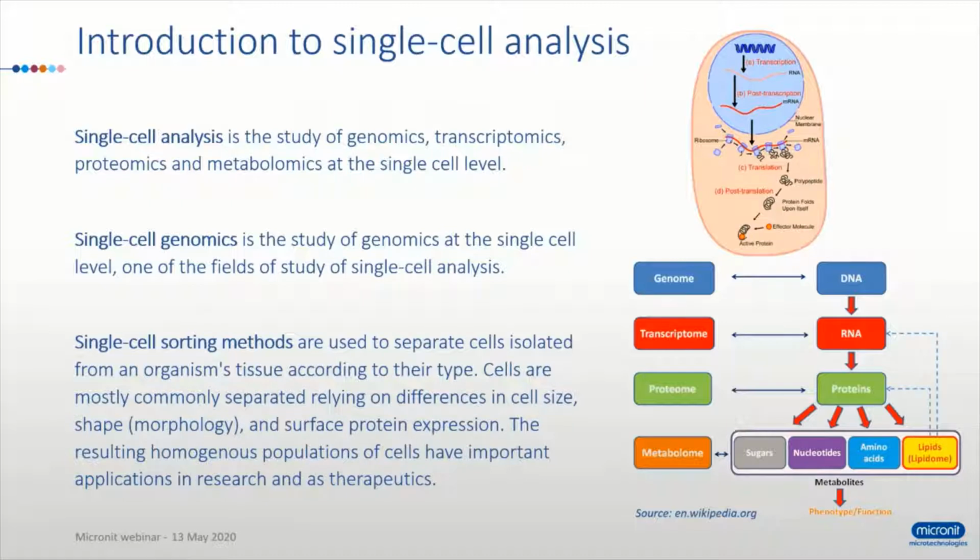And usually we rely on differences in morphology, but also surface protein expression, for example. And the resulting populations of cells have very important applications in research and as therapeutics. And that's why this area, I believe, is very rapidly growing and also very much connected to the field of next-gen sequencing that I just discussed.